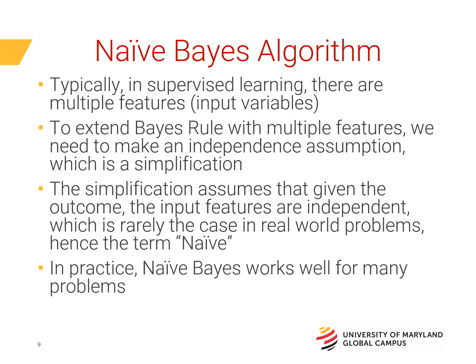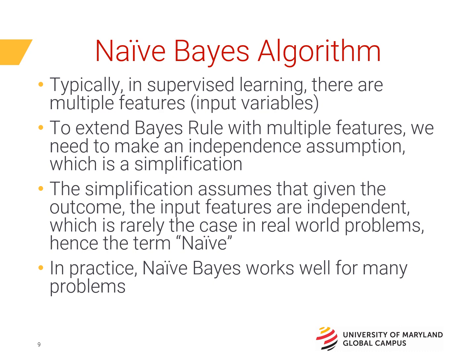In other words, the presence or absence of one feature does not influence the presence or absence of another feature when the outcome is known. This assumption simplifies the calculation of probabilities and enables Naïve Bayes to efficiently handle high-dimensional data.